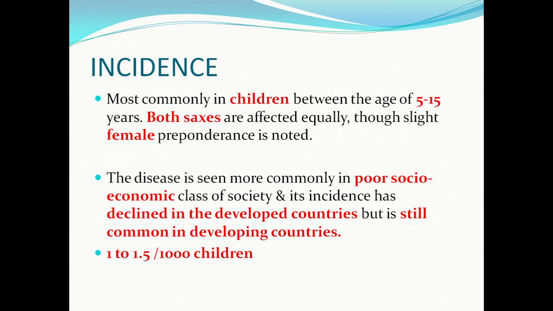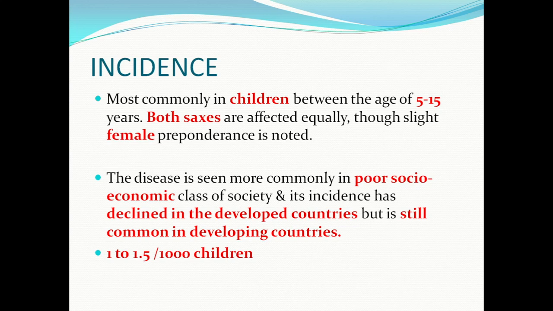Now incidence, where the highlighted words are the keywords. It is most commonly seen in children between 5 to 15 years of age. It affects both sexes, but more commonly affects females. The disease is more commonly seen in the poor socioeconomic class of society, and its incidence has declined in developed countries, but it is still common in developing countries.